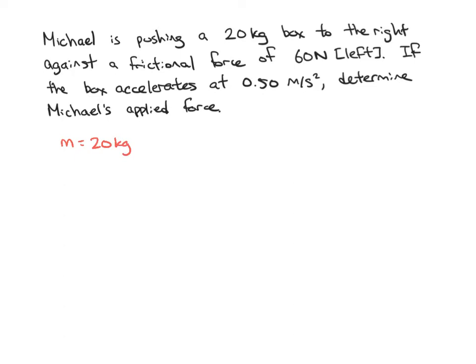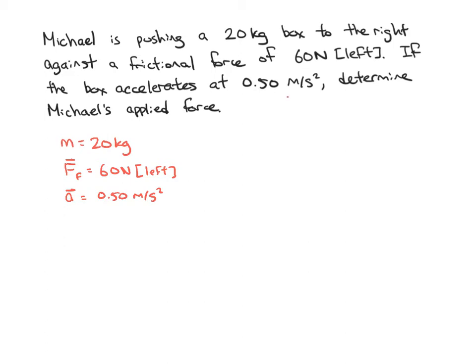the frictional force, of 60 newtons left. And the acceleration, which says 0.50 meters per second squared, and it actually does not say which direction that is, which is kind of important.